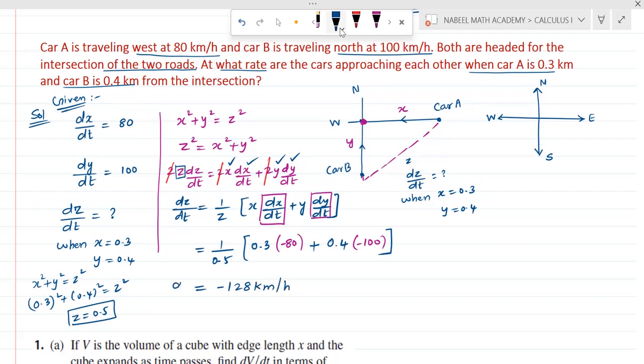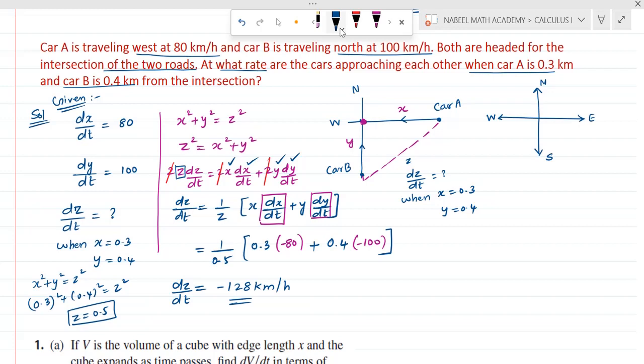So this is the distance rate. Therefore, we say the cars are approaching each other at the rate of 128 kilometers per hour. The minus indicates they are going towards the intersection, because they are decreasing the distance.